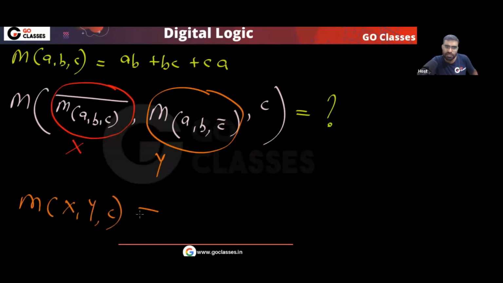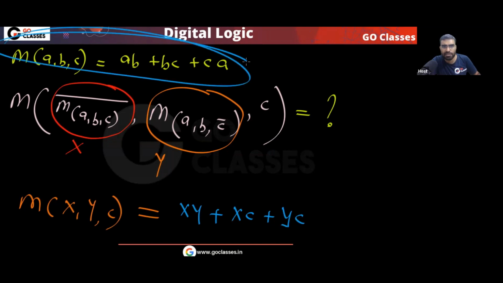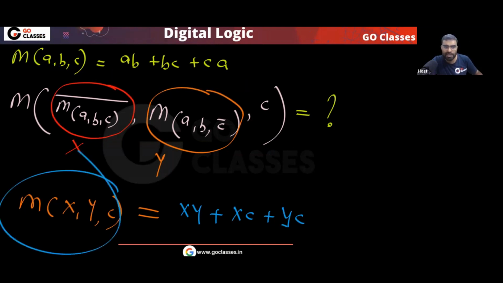What is MXYC? MABC is already given to you, that is AB or BC or CA. So MXYC will be XY or XC or YC. Yes or no?